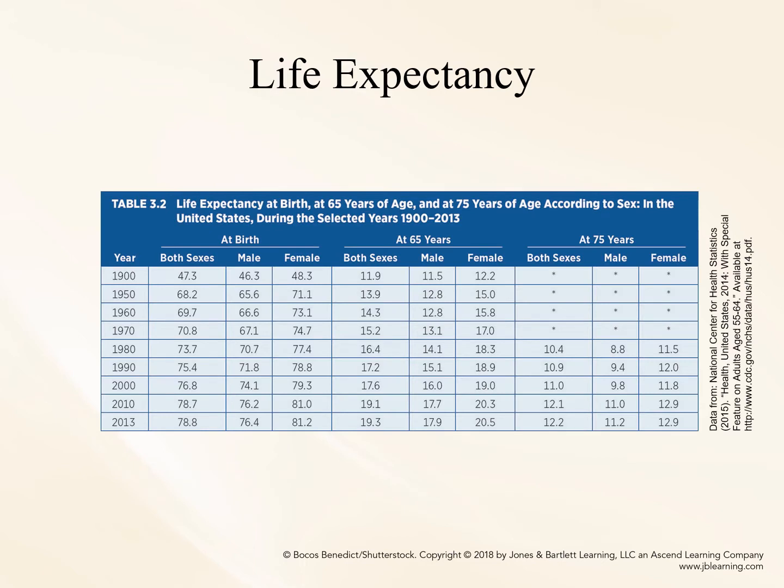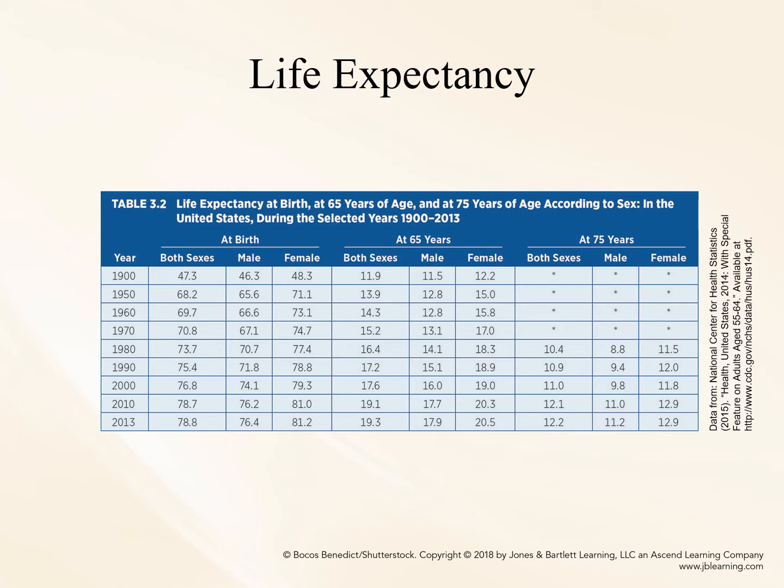So here's life expectancy at birth, at 65 years of age, and at 75 years of age according to sex in the United States during the selected years. Okay? So at birth, we're going to start at the top left. At birth in 1990, if you were born then and you were male, your life expectancy would be 46.3 years.